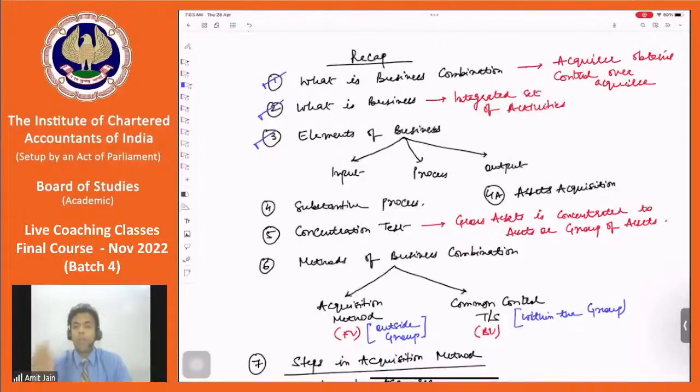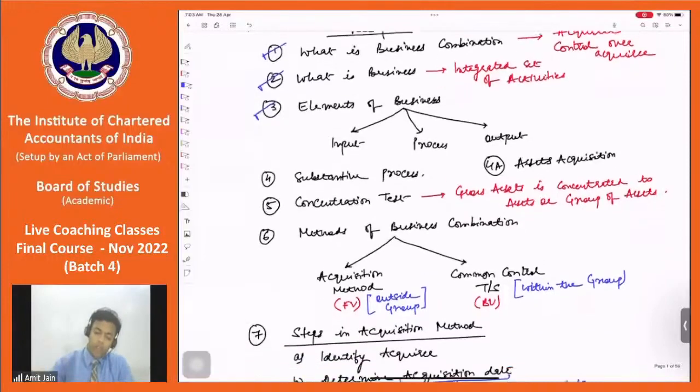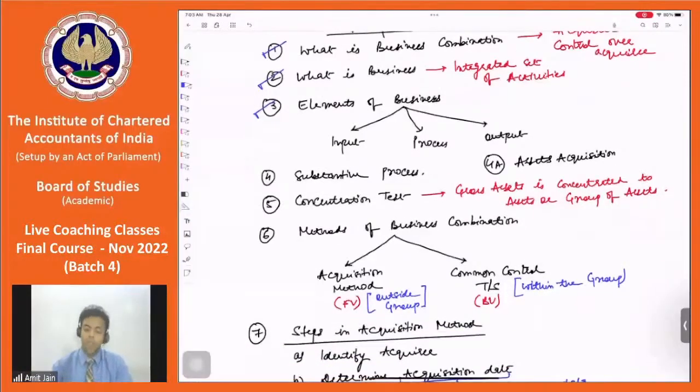We took the example of land, where we have purchased a company in which there is only land. There is no process, there is no input, there is no output. In that case, it is not a business, it is an asset acquisition. Subsequently we read what the different elements of a business are. Input needs to be there, process needs to be there, which are capable of generating the output. It may be possible that output is generated on the transaction date, or that output is not generated by the business on the transaction date.